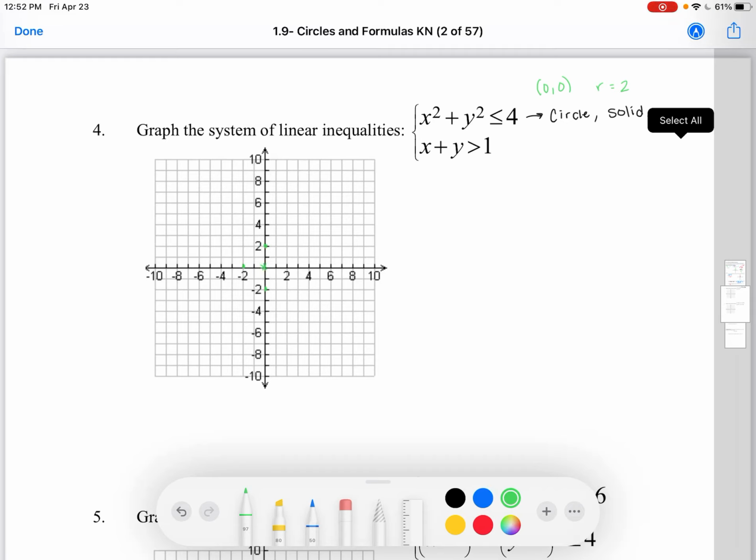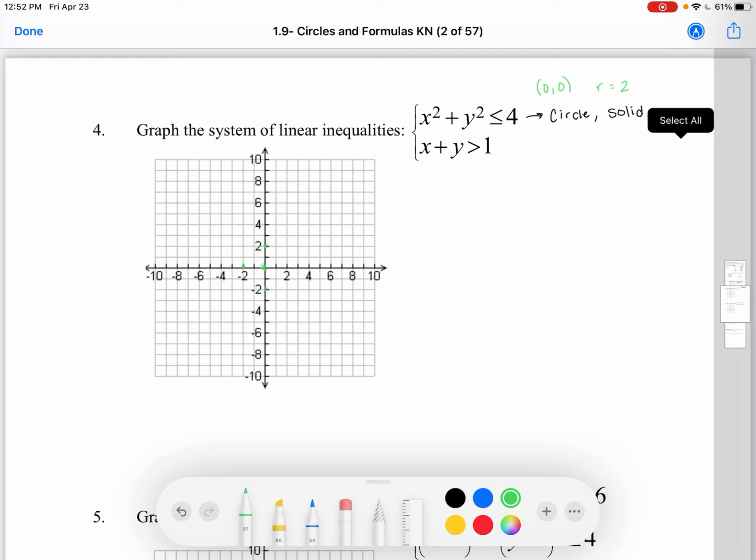Last but not least, I'm going to need to graph this and shade it. And I'm going to need to shade everything less than. And in this event, it's going to be inside of the circle. So I'm just going to throw some dashes through here so I still have enough space to make my other line. So the inside of my circle is shaded right now.